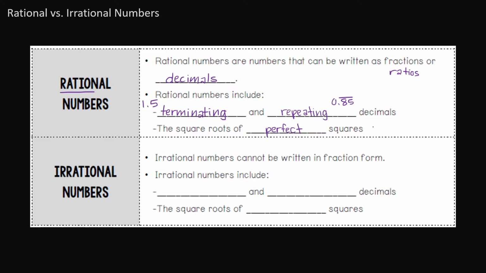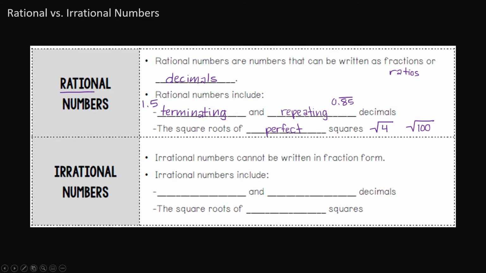So for example, the integer 2. 2 squared is 4. So the square root of 4 is a rational number. We could also say the same thing for the square root of 100. The square root of 100 is 10, and of course you can write 10 as a fraction or a decimal.